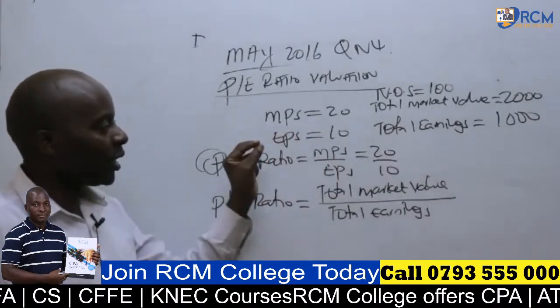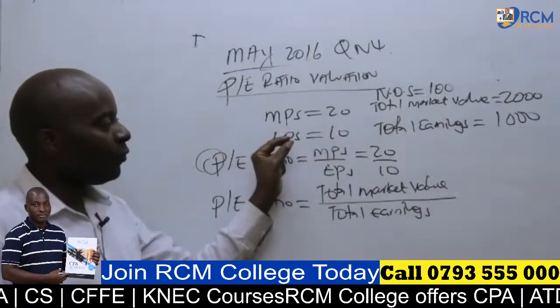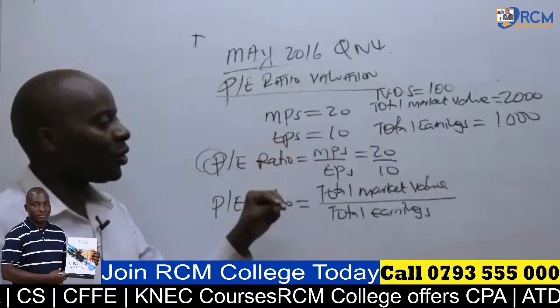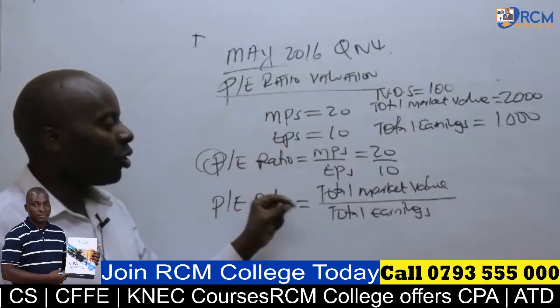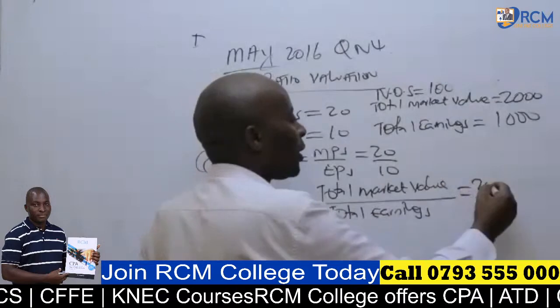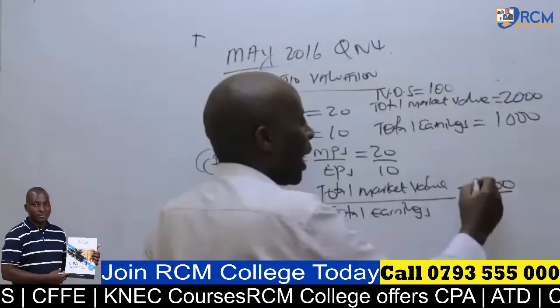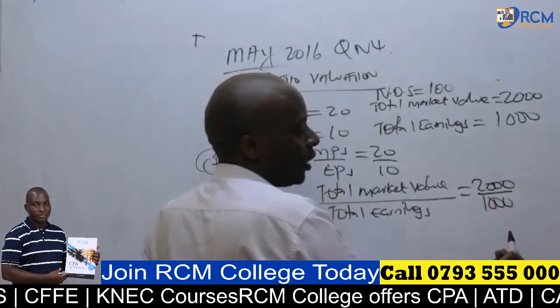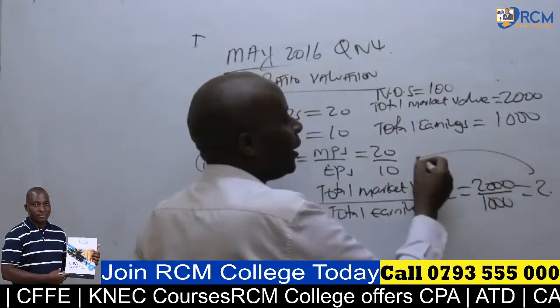So you could either work with figures on a per share basis or totality. The total market value is 2,000 all over total earnings of 1,000, which gives us the same 2.